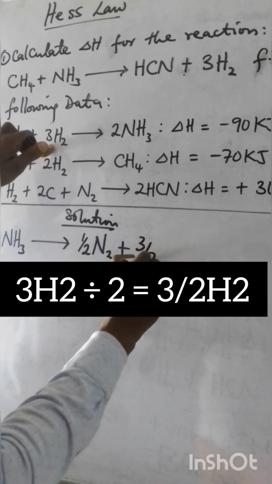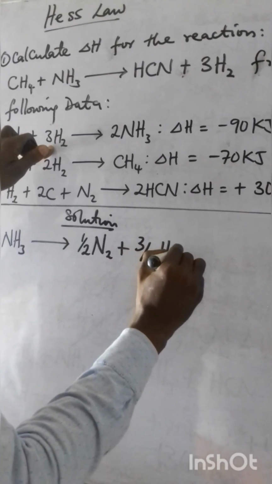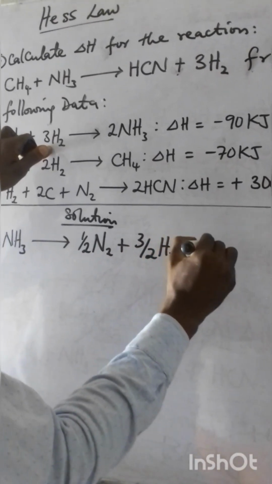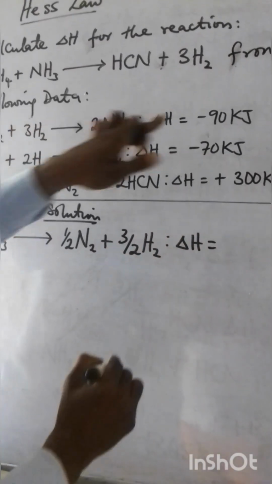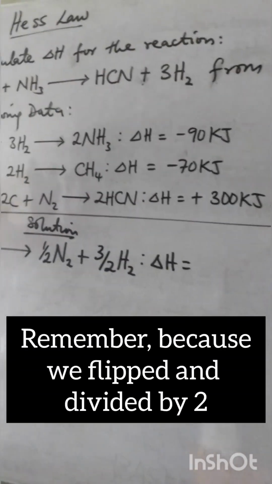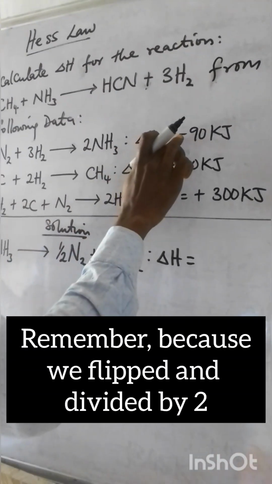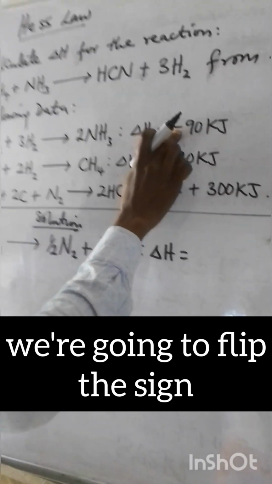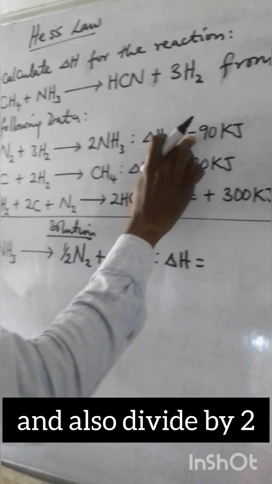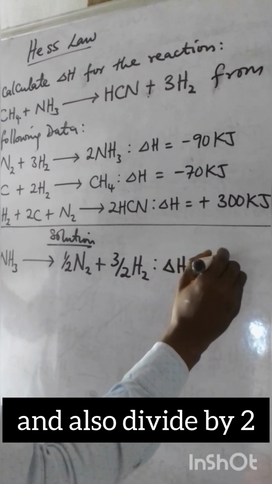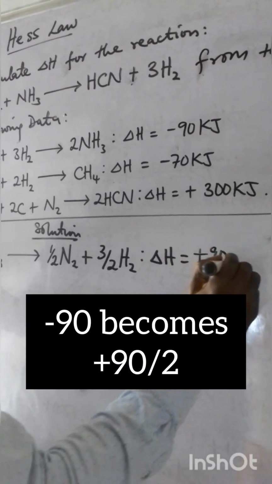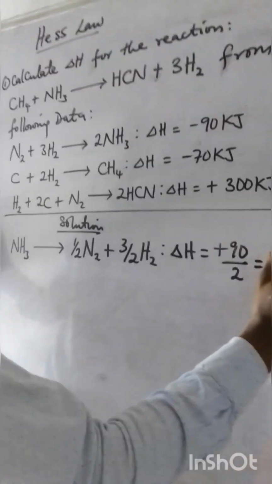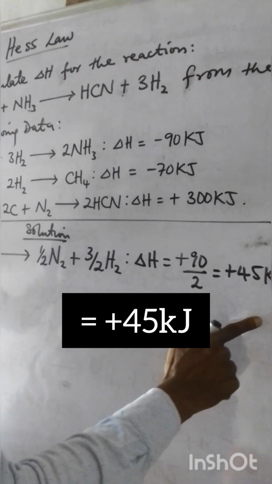That is 3/2 hydrogen. The enthalpy change. Remember, because we flipped and divided by 2, we are going to flip the sign and also divide by 2. So -90 becomes +90 divided by 2, and that is +45 kilojoules.